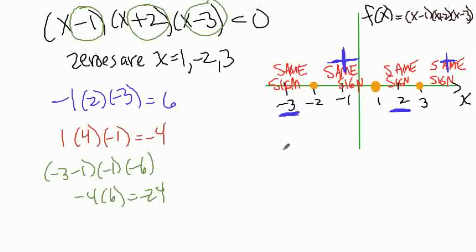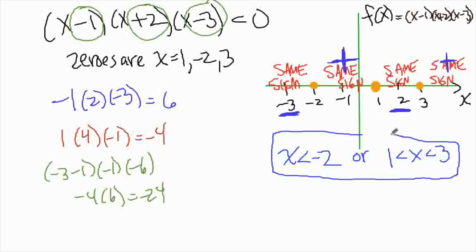The function is less than 0 for x less than minus 2, or between 1 and 3. That's the algebraic, inequality way to express those two regions where the function is negative.